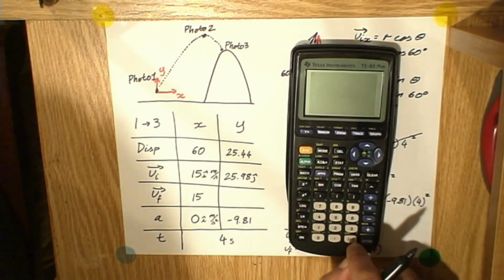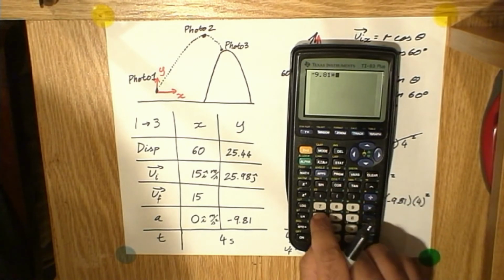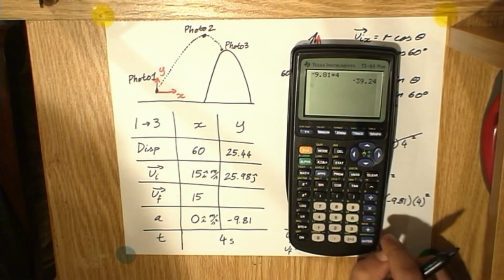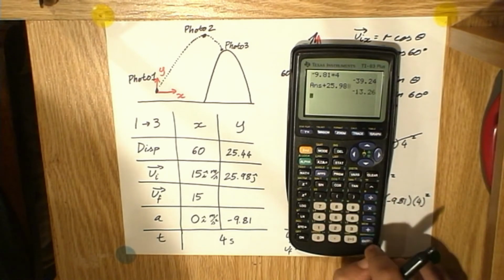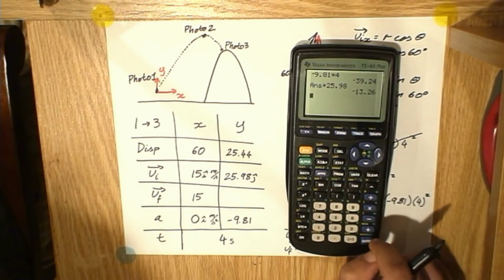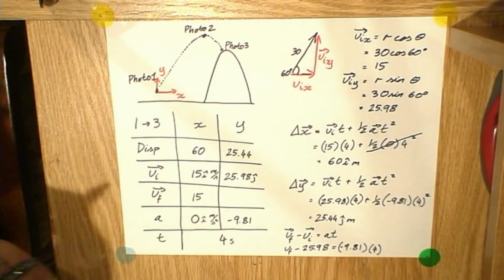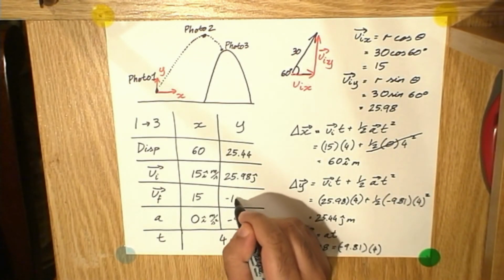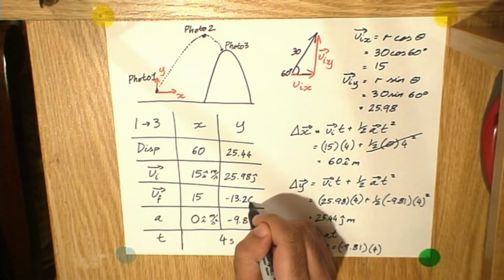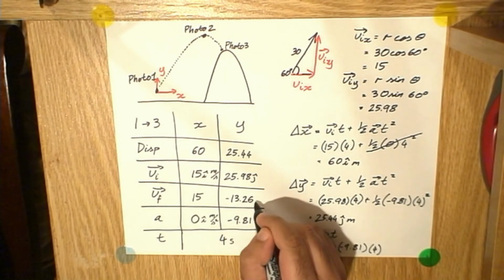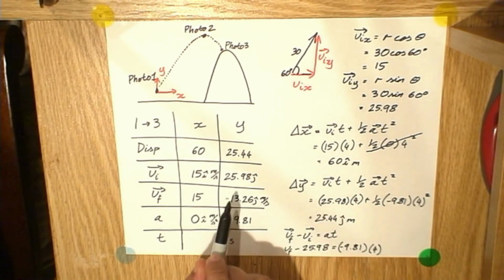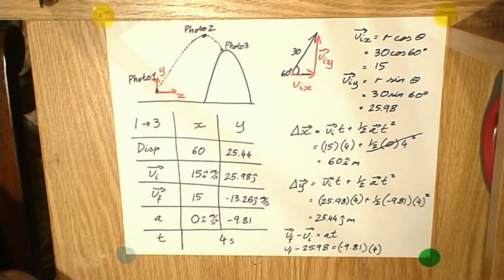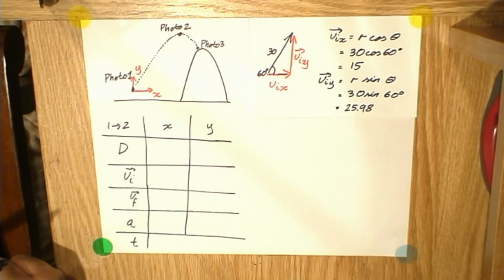So, negative 9.81 times 4 is negative 39.24, and that plus 25.98 is negative 13.26. So, negative 13.26 j hat meters per second is the velocity of this arrow just as it strikes the cliff. So much for part A and part C.